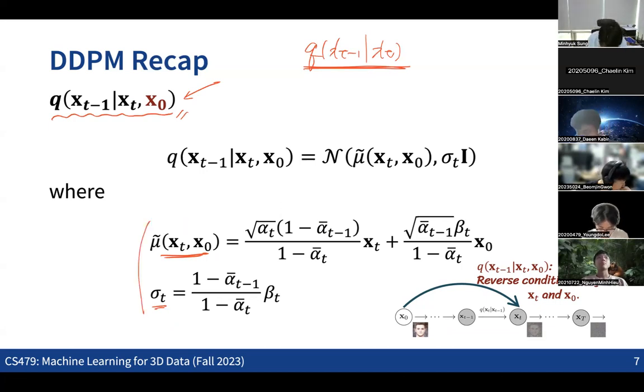Also, the mean here was defined as a linear interpolation between xt and x0, and the covariance is defined based on the parameters that we defined.